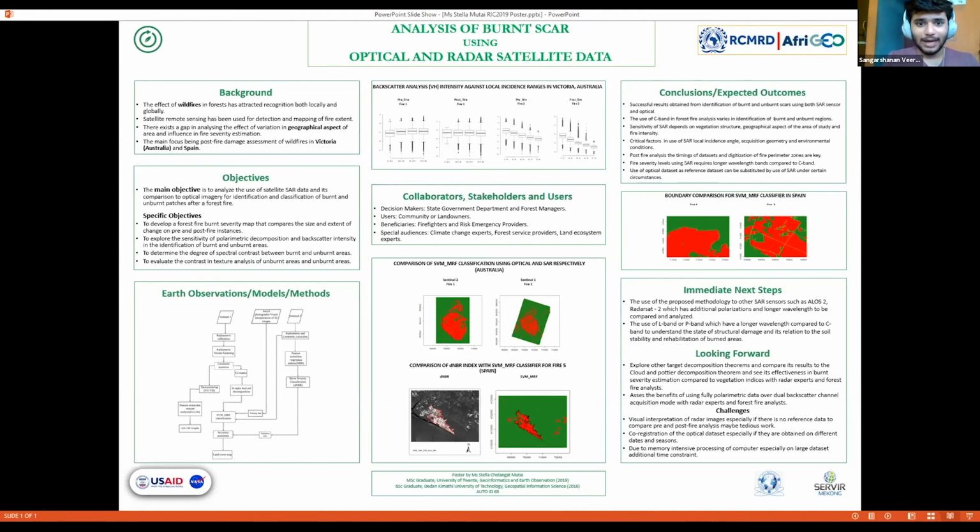For example, the flow charts of analysis and also the next steps are not really visible. So it will really help if you could share your slides with the people so that they can connect what you said to what is here.